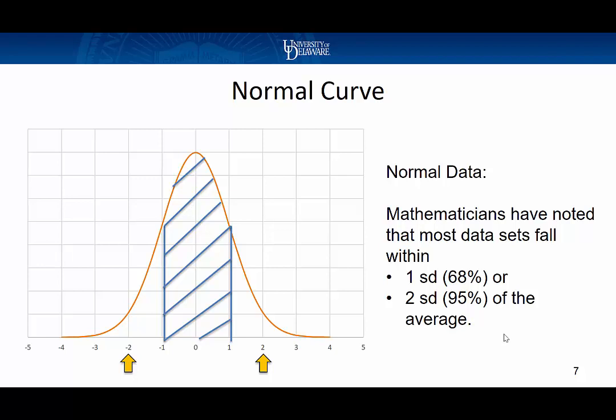It follows what they call a normal curve, which means that they saw that in a lot of different data sets, from crops to medical histories to tree heights, anything, that within one standard deviation, 68% of the possible outcomes fell within that. Within two standard deviations, 95%.